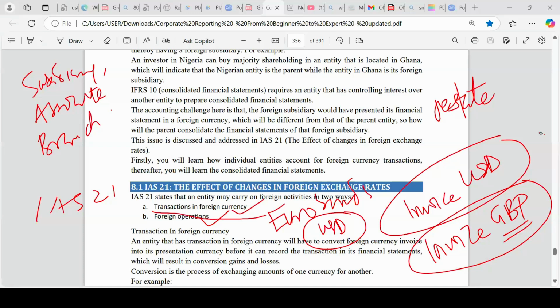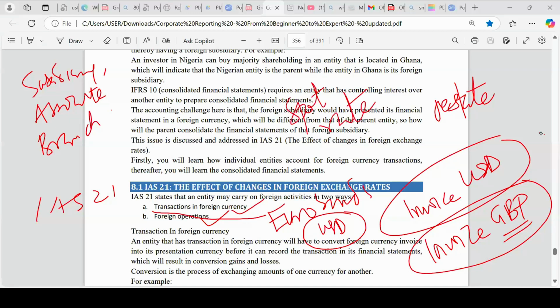If we have invoices either for receivable or for payables in another currency, that is under the scope of what we call transaction in foreign currency. And what do we do? To recognize that transaction, we simply recognize the transaction at the spot rate, the day of the transaction.